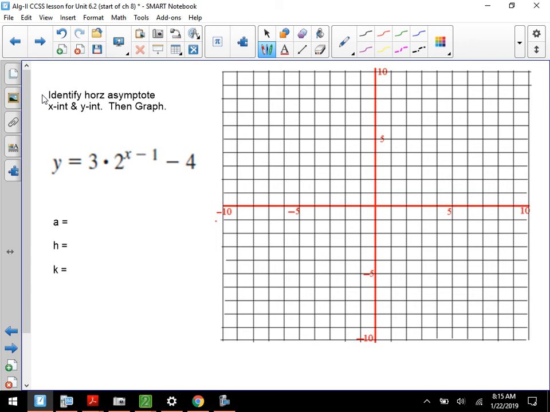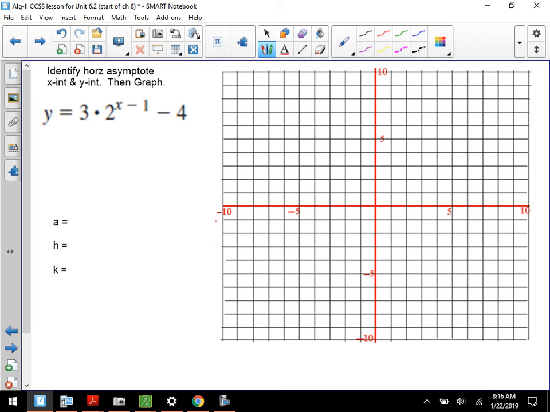Because when you look at this, we have y equals 3 times 2 to the x minus 1 all minus 4. What's the parent function for this? No, remember, your parent function is just this guy. Your parent function is your a b to the x. That's always going to be your parent function.